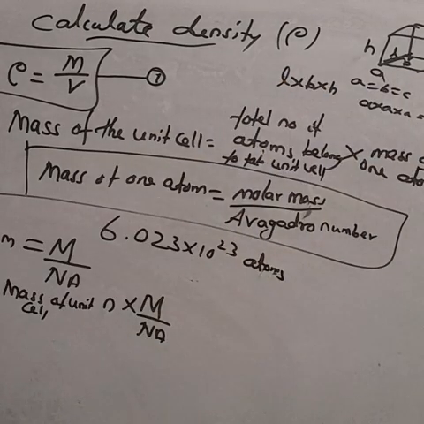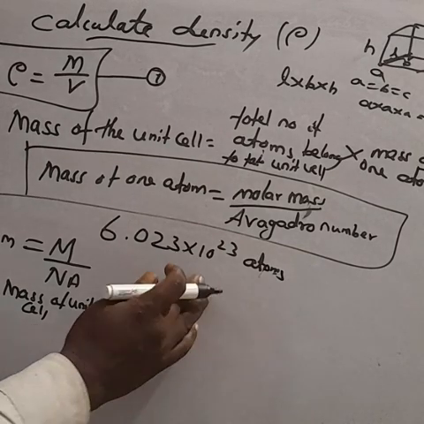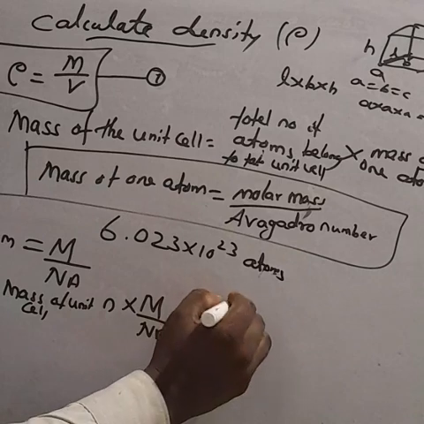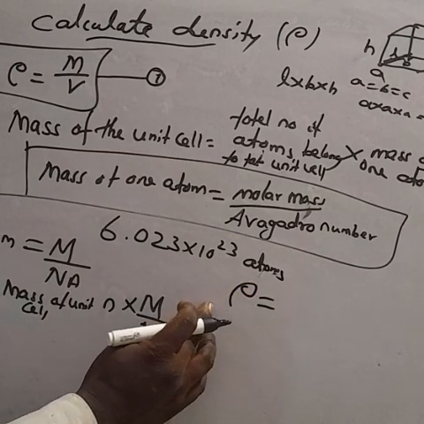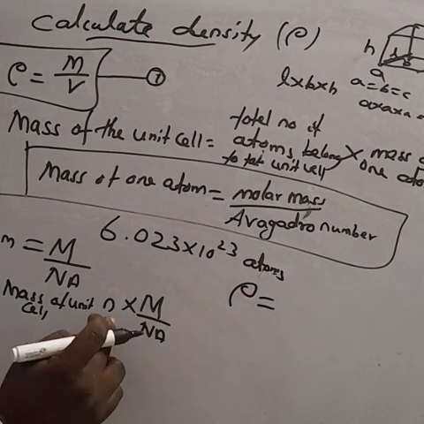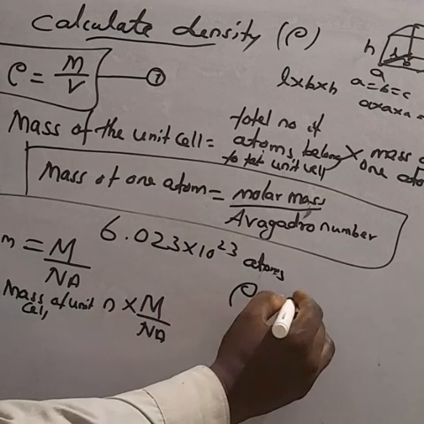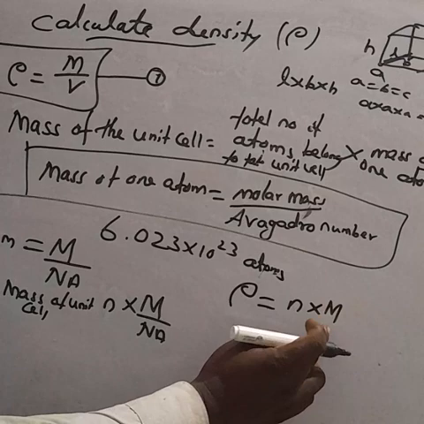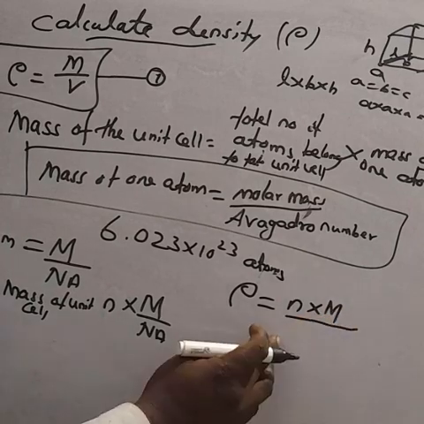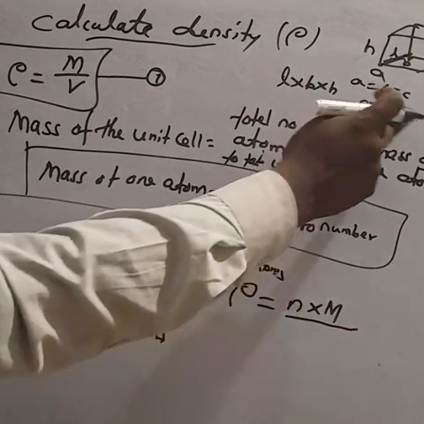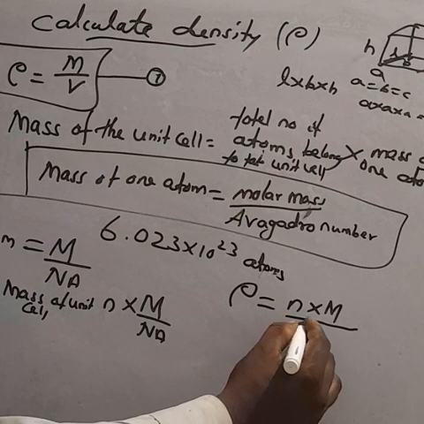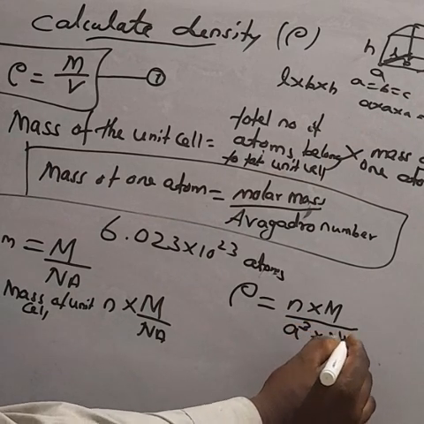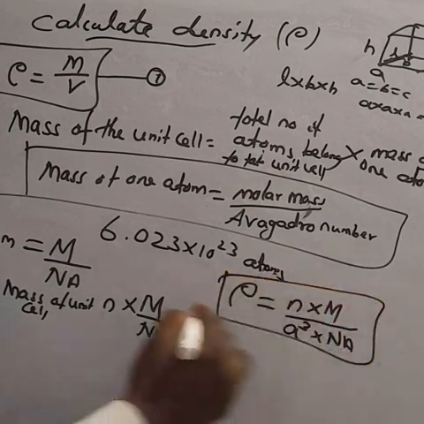So the density of the unit cell, rho, is equal to N into capital M divided by A cube into Avogadro number, Na. This is the equation.